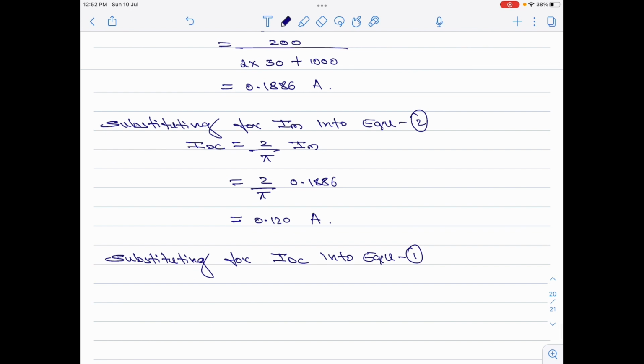I'm going to rewrite equation 1 here. VDC is equals to IDC multiplied by RL. IDC is 0.120. RL is 1000 ohms. So the answer for DC output voltage is 120 volt. This is the answer for part A of the numerical.